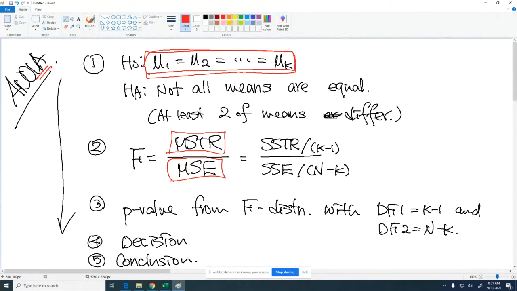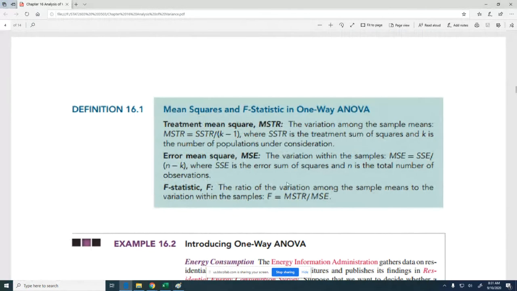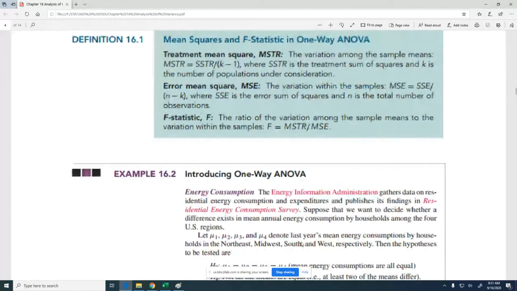Because of that, it is named analysis of variance. When you look at the notes, here is a summary for mean squares and the F statistic in one-way ANOVA.